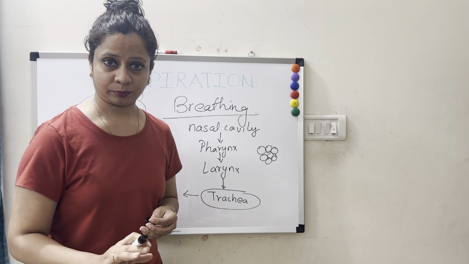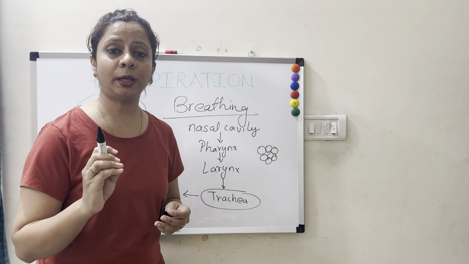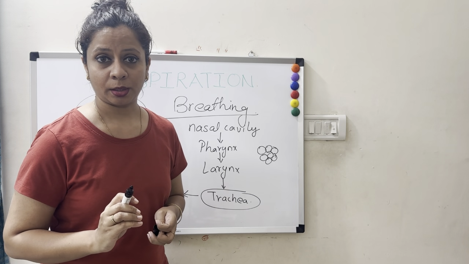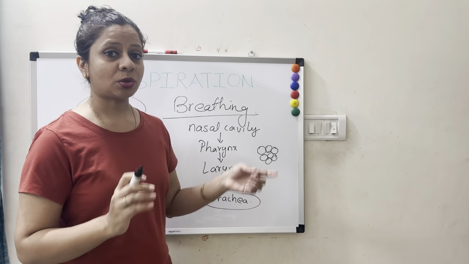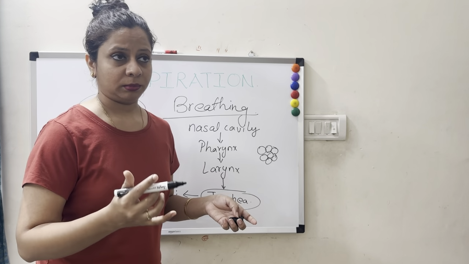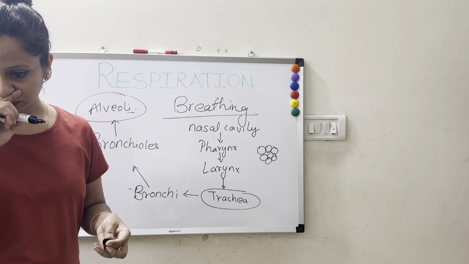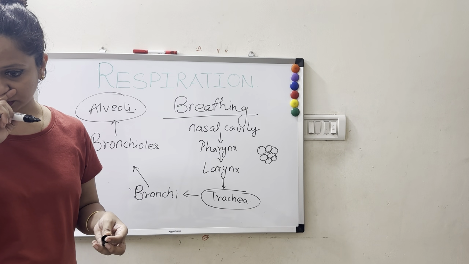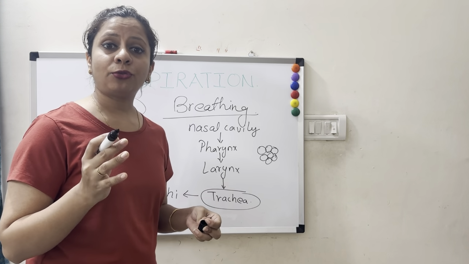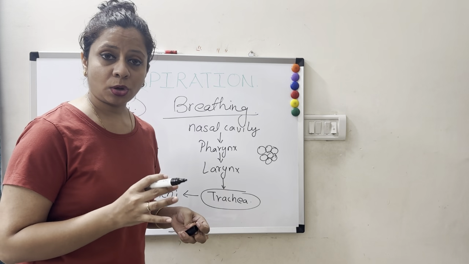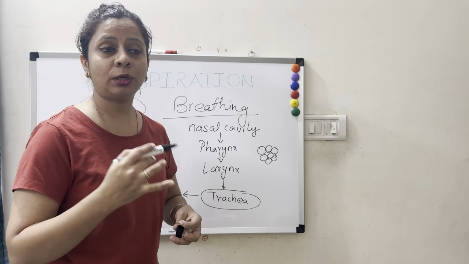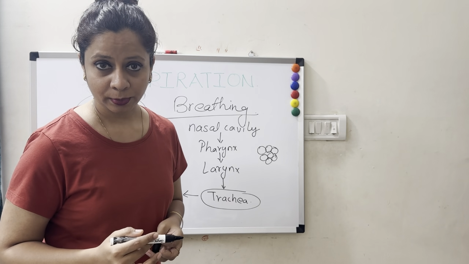In that case, we have a pigment in our blood called hemoglobin. Hemoglobin attaches oxygen. Hemoglobin has an affinity for oxygen, to attach oxygen and to supply it to different parts of our body, to different tissues of our body.